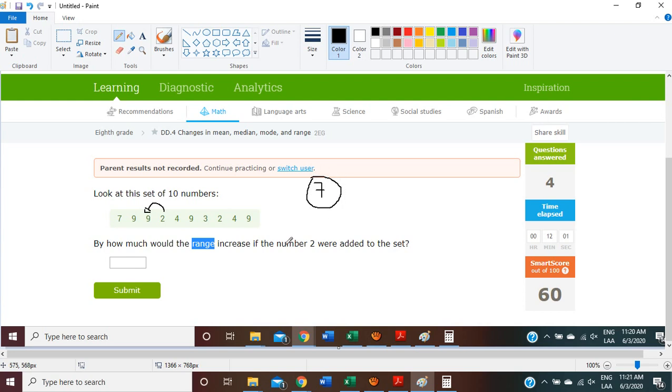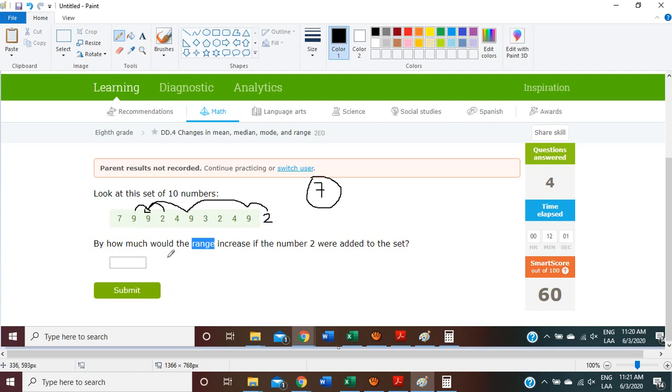So if the number 2 were added to the set, imagine that there is another 2. What's going to happen with the range? Nothing is going to happen because 2 is still the lowest number, and from 2 to any of these 9s is still 7.